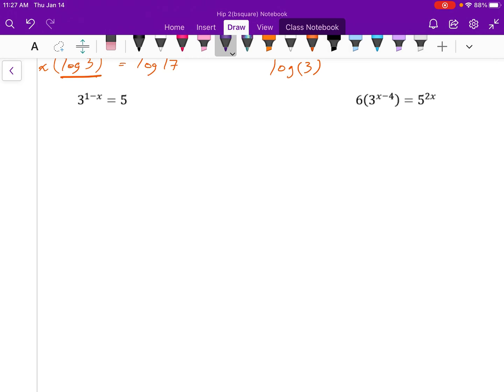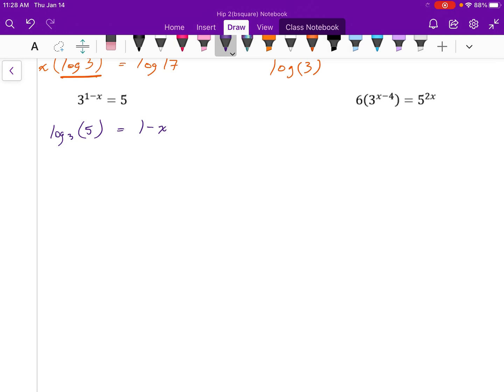My first way is I'm going to solve this base 3. So I'm going to move to logarithmic form, and I could say log base 3 of 5 is equal to 1 minus x.